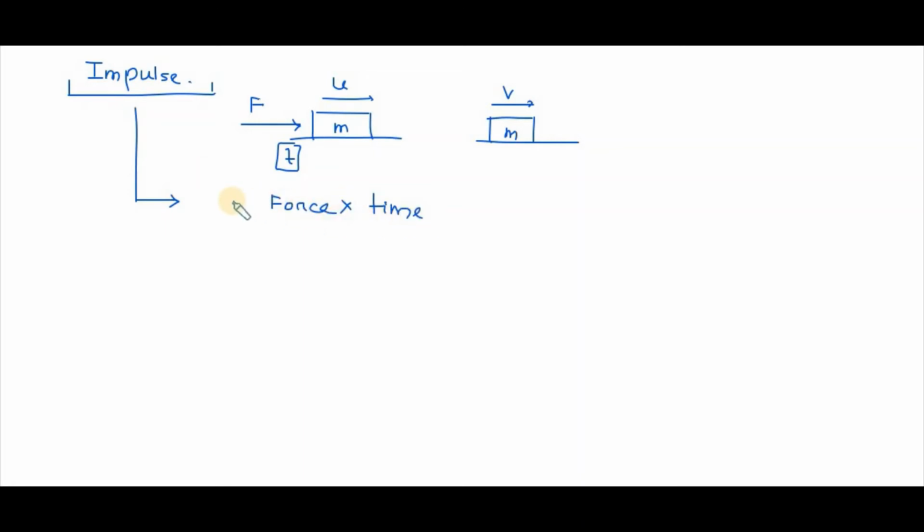That's representing the impulse. Impulse can also be represented by its change in momentum. The impulse, which is represented by force into time, is the same as change in momentum.